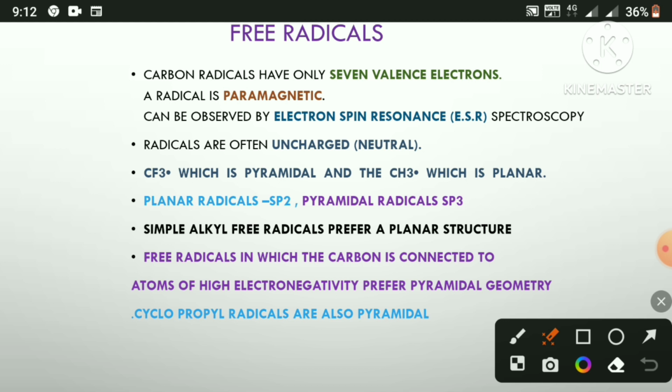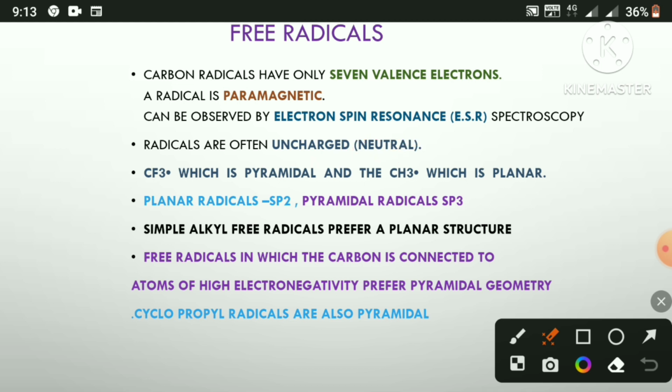They can be observed by electron spin resonance, ESR spectroscopy. Radicals are often uncharged neutral pieces. There is no positive or negative charge on the radical, so it is a neutral species.